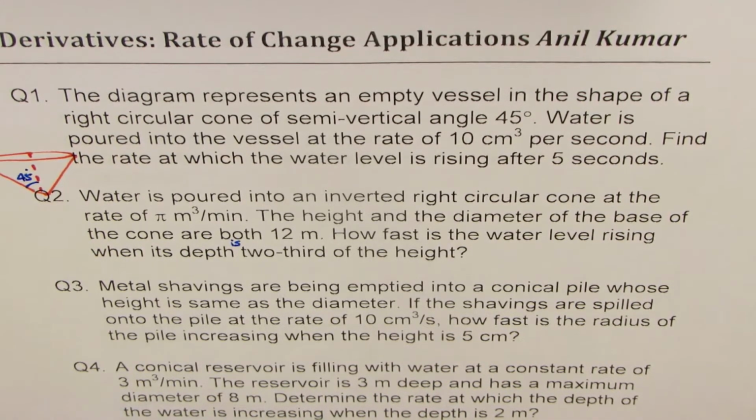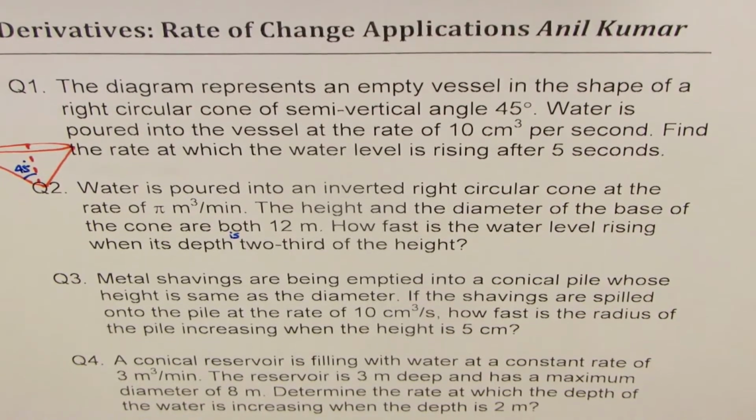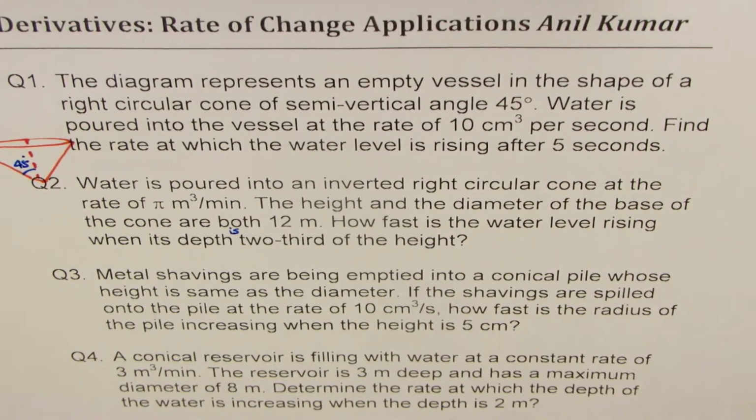And question number 4 is, a conical reservoir is filling with water at a constant rate of 3 meter cube per minute. The reservoir is 3 meter deep and has a maximum diameter of 8 meters. Determine the rate at which depth of the water is increasing when the depth is 2 meters.